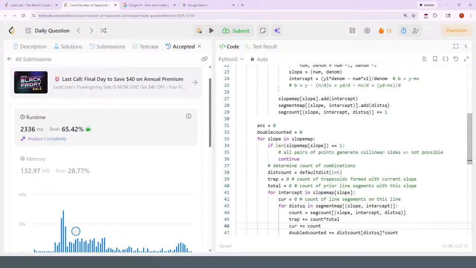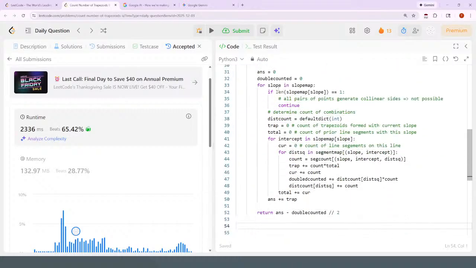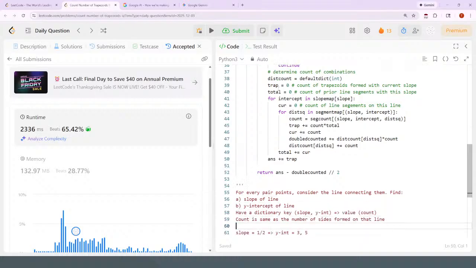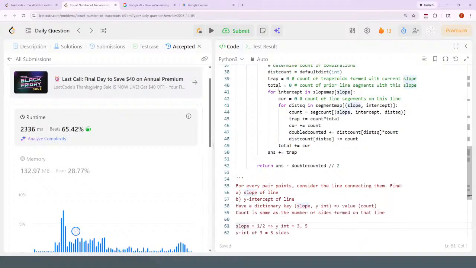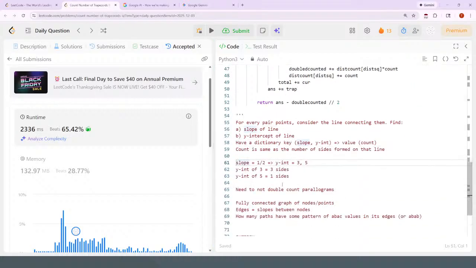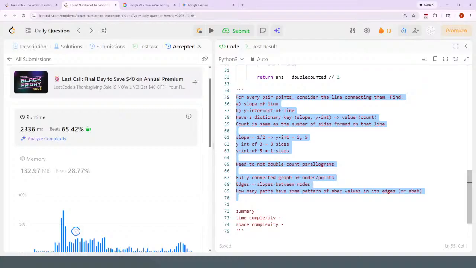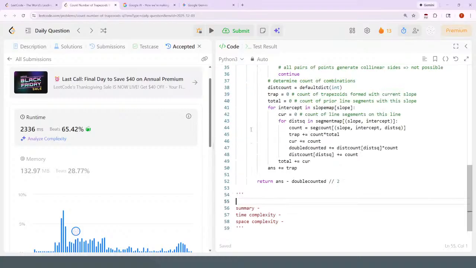Okay. I think maybe that code is as clean as I am intending to make it. Okay, so summary here. I think I'm just going to delete this thing.